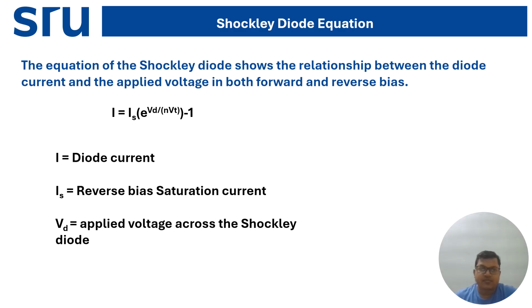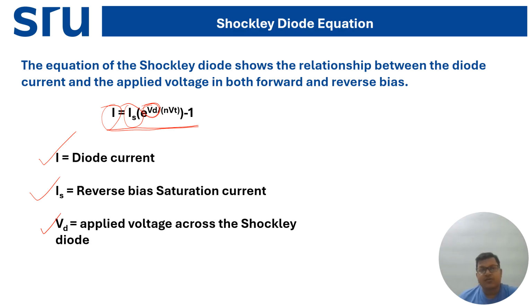Here VD is the applied voltage across the diode, whereas IS is the reverse saturation current, and this current is the forward or reverse diode current. IS stands for the reverse bias saturation current, and VD stands for the applied voltage across the Shockley diode.